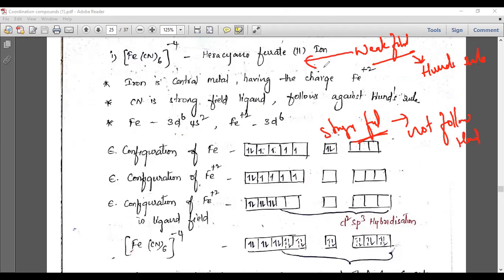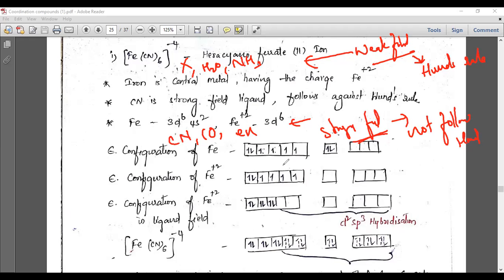What are the weak field ligands again? I already told you, that is all halogens, H2O and NH3. But strong field ligands are cyanide and CO, carbon monoxide, and many ligands are there. But mostly we get only 2 or 3 ligands, so you can easily remember those.